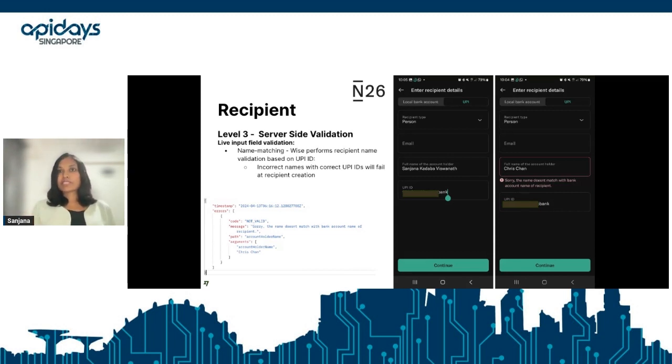However, if the name is incorrect, then you surely get the error message back saying that this particular UPI ID does not really match the name. And as a user, I will get alerted, so I'll go back, get the correct information, put that in, and then create the transfer successfully. With this, failure rates can reduce significantly.